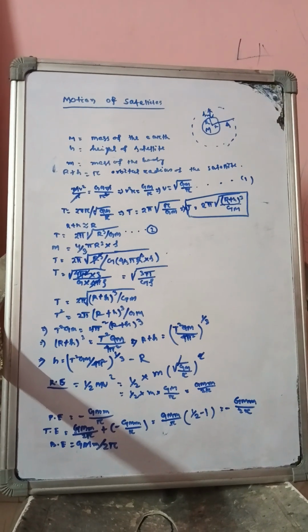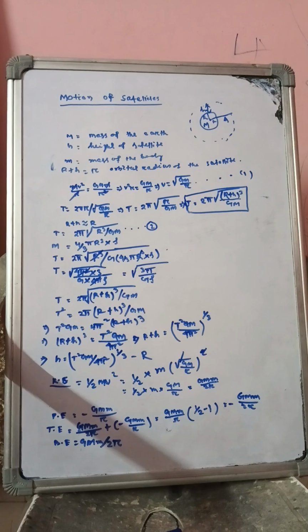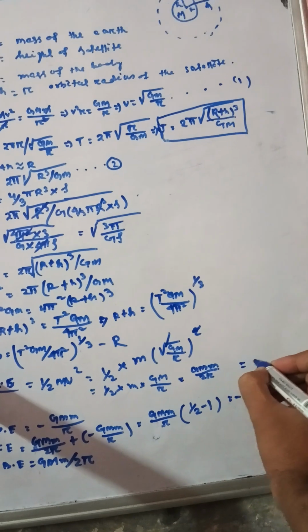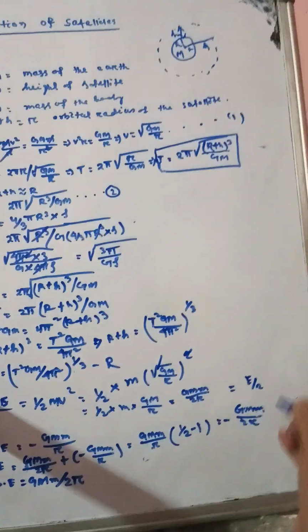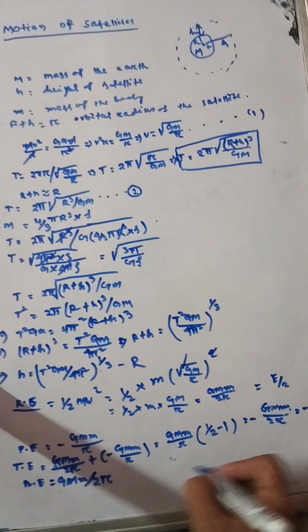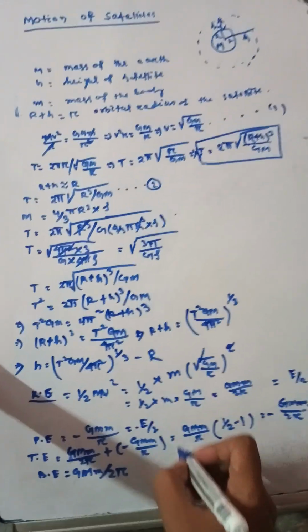Kinetic energy: if we write GMm by r is equal to E, then kinetic energy is E by 2, potential energy is minus E, and total energy is minus E by 2.